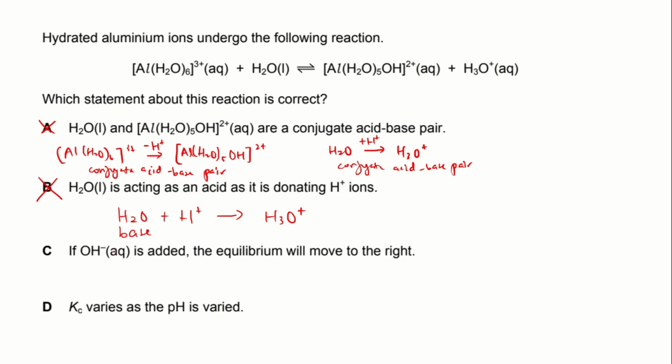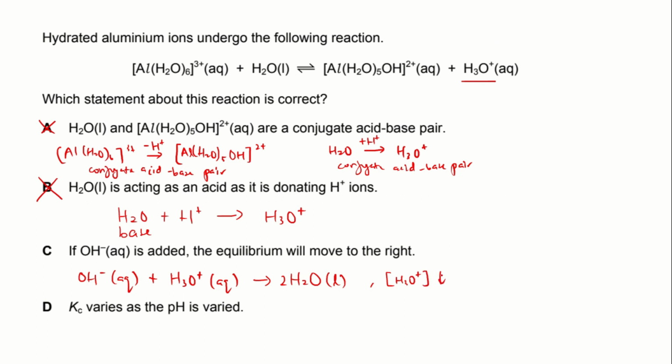Adding hydroxide ion to the solution, to the equilibrium, hydroxide ion will react with the hydronium ion because one of them is a base, the other one is an acid. So they will both undergo neutralization to form water. So that means adding hydroxide ion, the concentration of hydronium ion will drop.